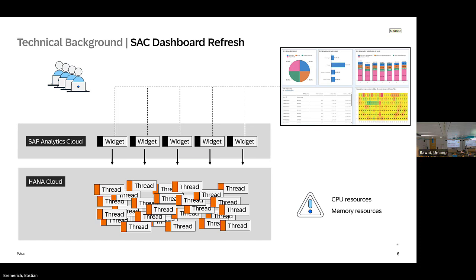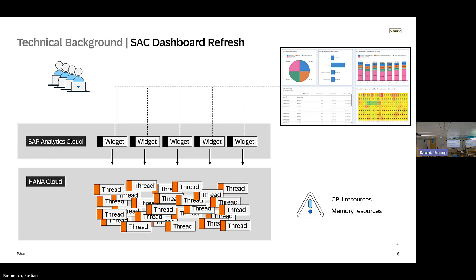And they would all like to be processed. They would all like to consume resources. The database might not have enough resources to serve all the MDS requests optimally. So the MDS requests, the HANA threads, they compete for the resources, and as they compete for the resources, their runtimes increase. And the end users have to wait.